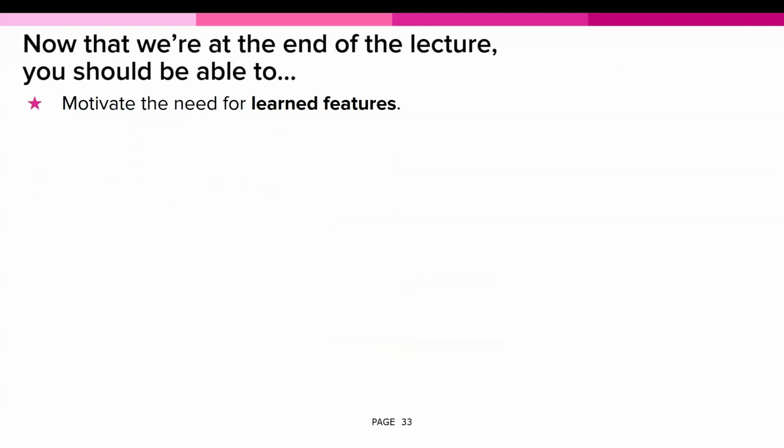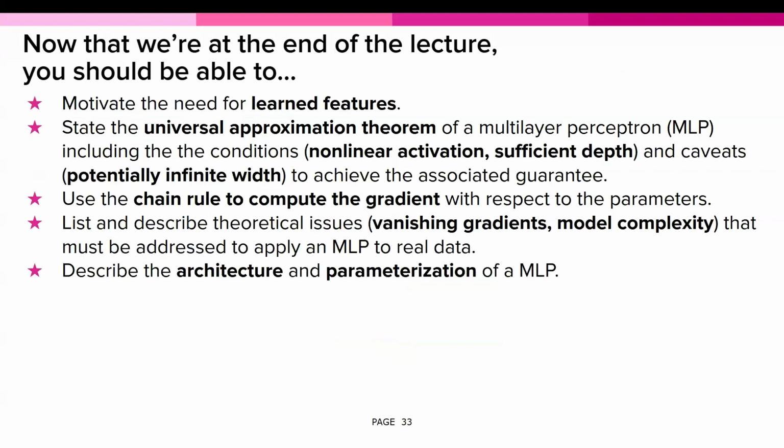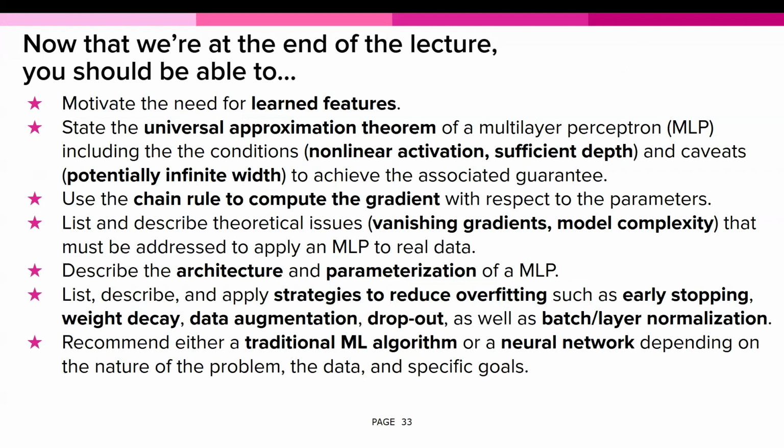Okay, so that brings us to the end of this lecture. So let's do a quick summary of what it is that we talked about. So yeah, we started off thinking about cases where we actually need to learn the features instead of when we can hand design them.